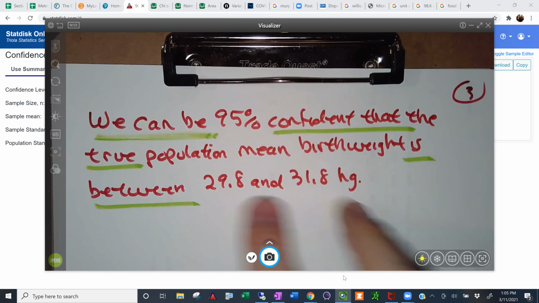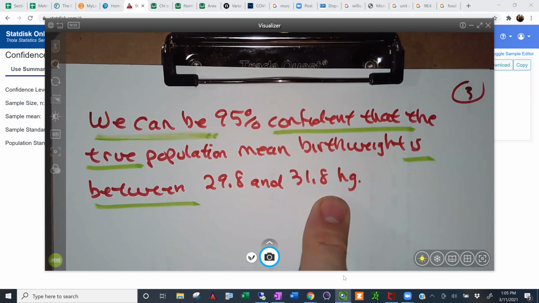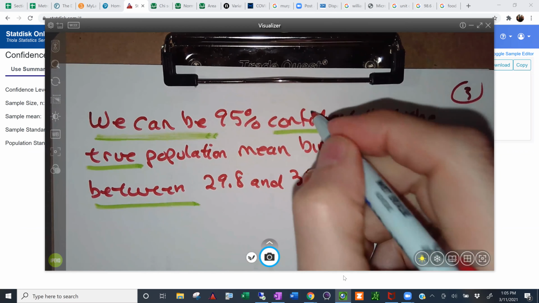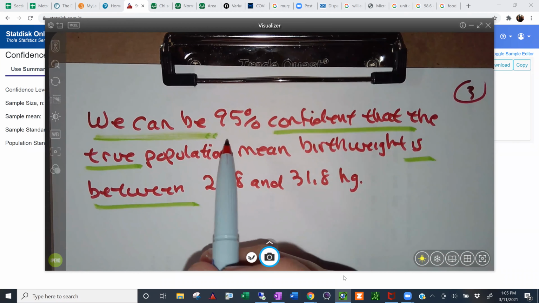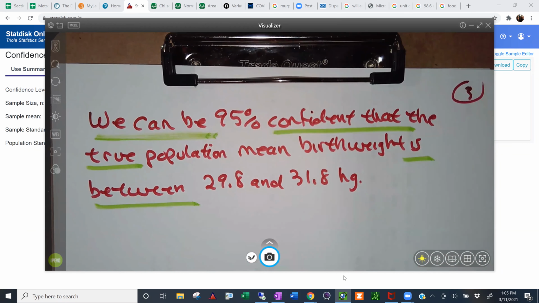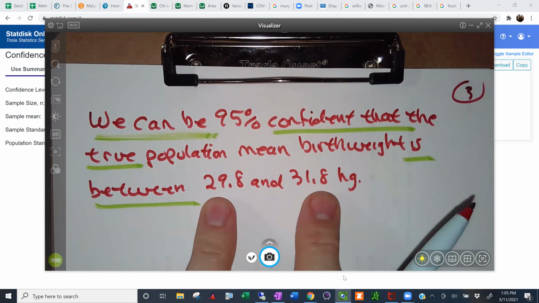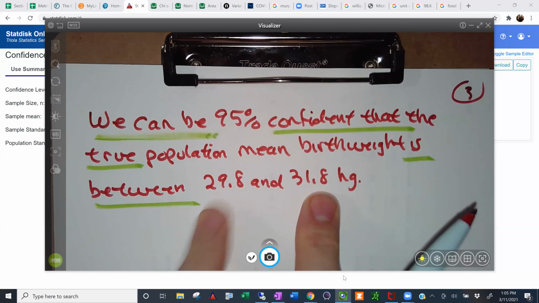So the probability, if you wanted to talk about probabilities here, would be 0 or 1. So do yourself a favor, talk about level of confidence. Level of confidence is the confidence in our procedure. 95 times out of 100, this procedure will result in a confidence interval that contains the population mean.